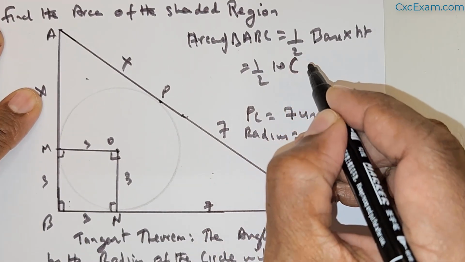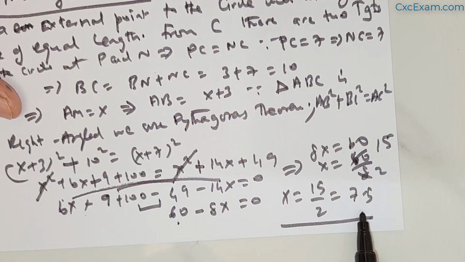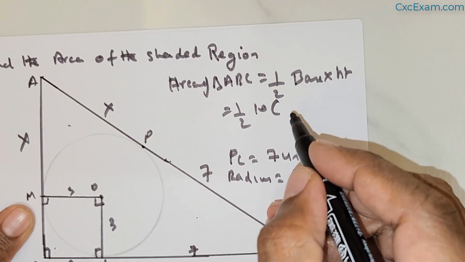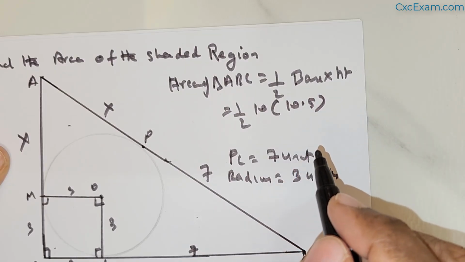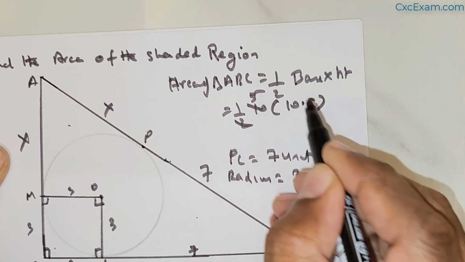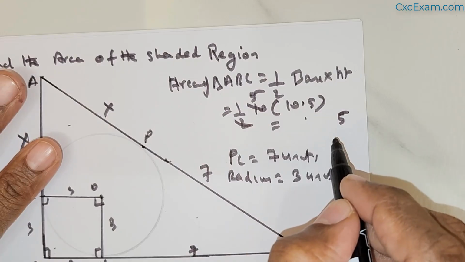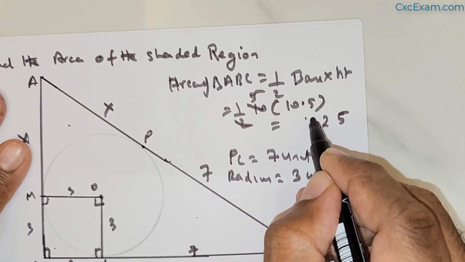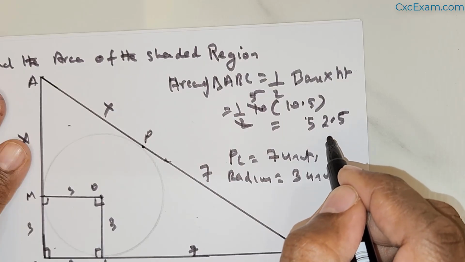My x is 7.5. So 7.5 plus 3 is 10.5, right? 2 divides 10 here 5 times. So I get 5 5s are 25, and 5 1s are 5. 52.5 square units.